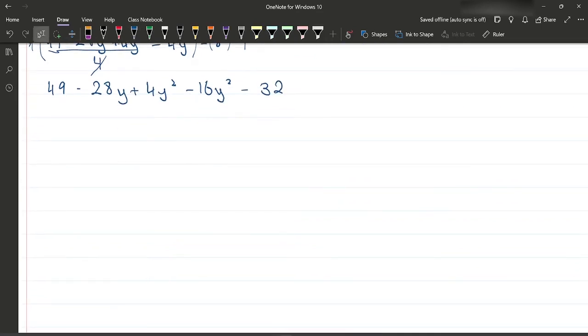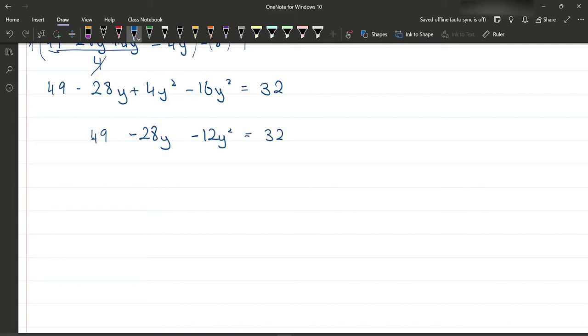So now 4 minus 16 is minus 12. Minus 12y squared minus 28y and 49. Okay, 49 equals 32.